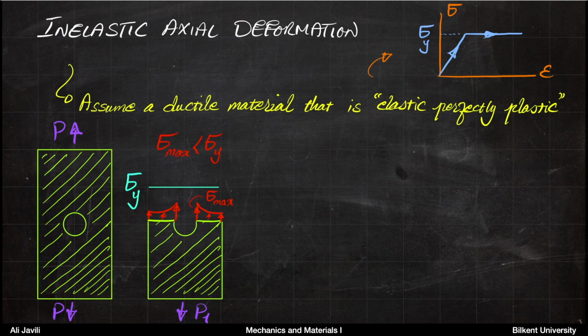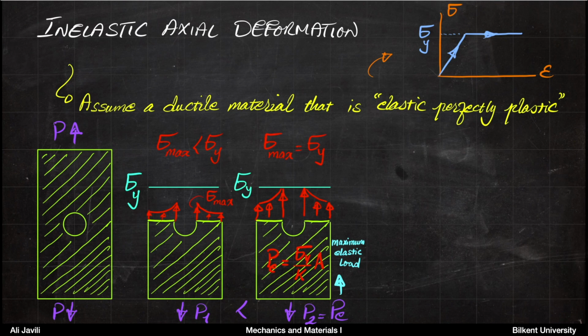All right, so if this P1 is not too large, then the stress that it causes in the material, even the maximum value of that stress, would be less than the yield limit. This is for a P1 that is not too large.